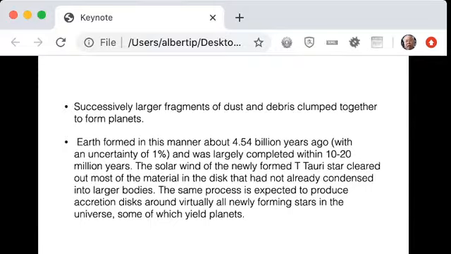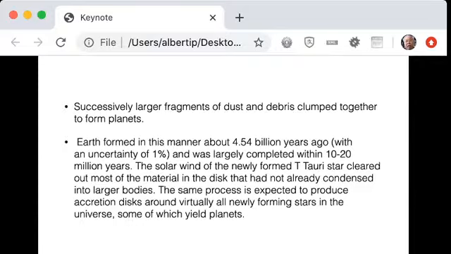Each formed in this manner about 4.5 billion years ago, or 4.5 Ga, with an uncertainty of around 1%. So we can say it's about 4.50 to 4.58 billion years ago, something around that number. The process of this takes about 10 to 20 million years.